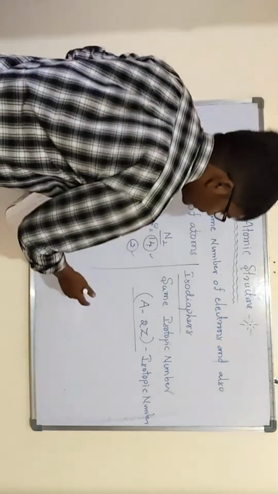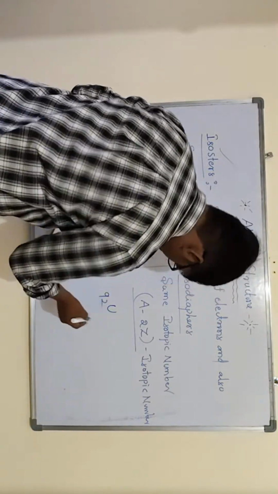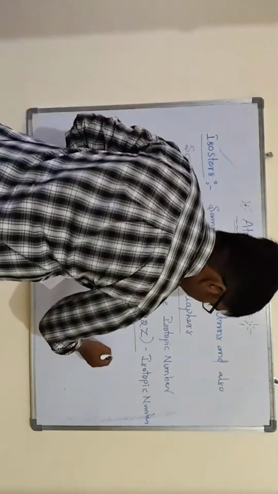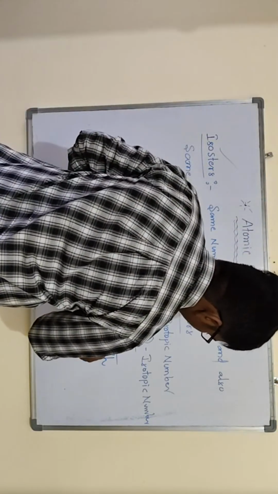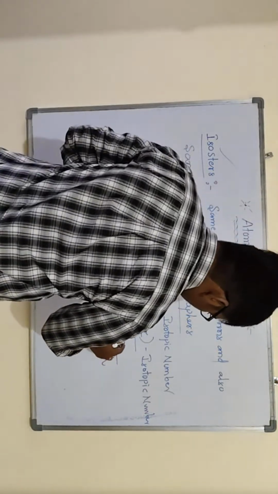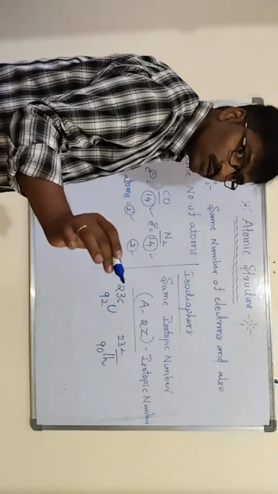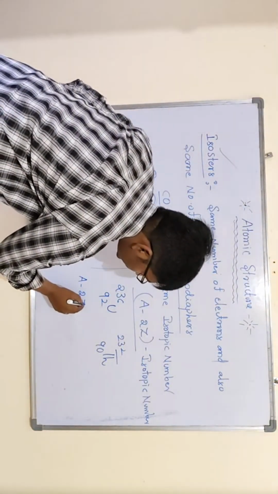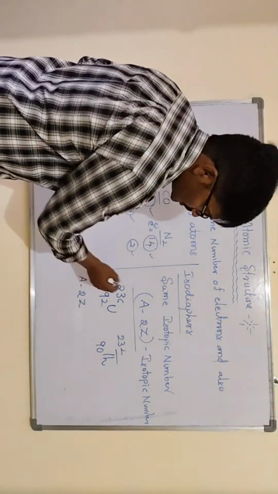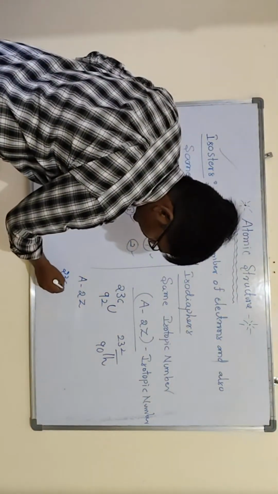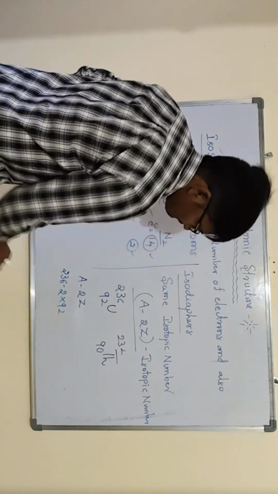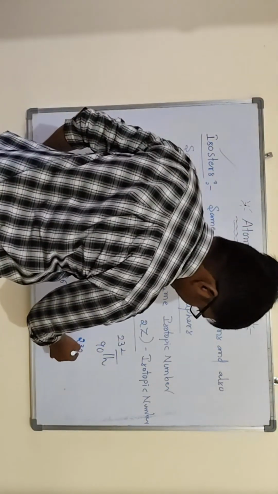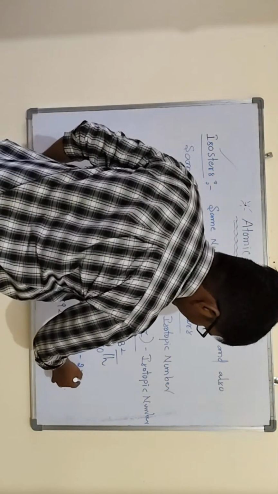look at uranium 92, 236, then thorium 90, 232. These two are isodiaphers. So the A minus 2Z value should be the same. Here 236 minus 2 into 92, then here also 232 minus 2 into 90.